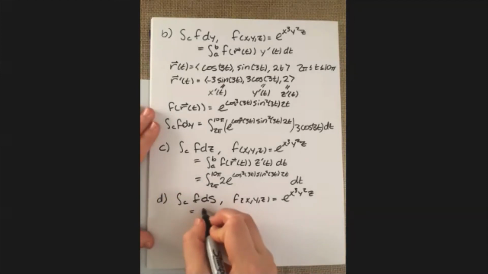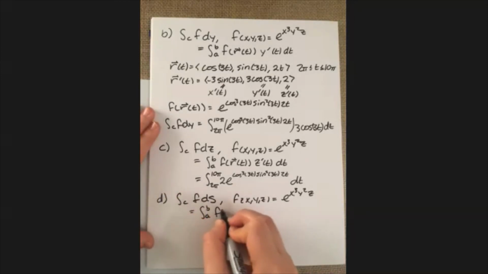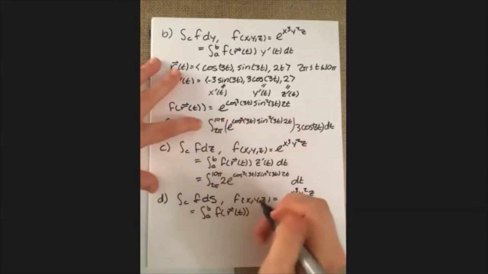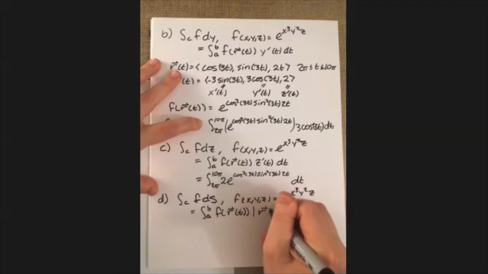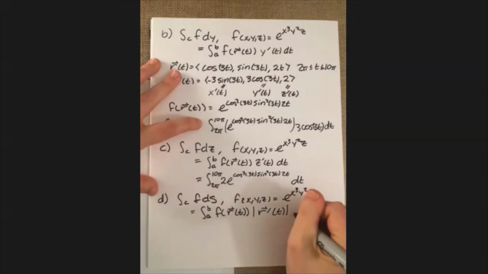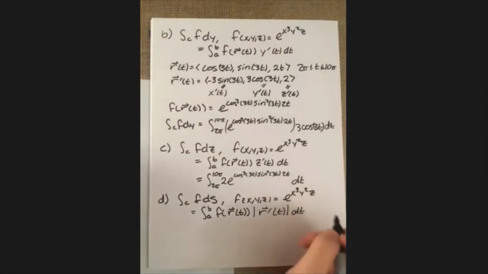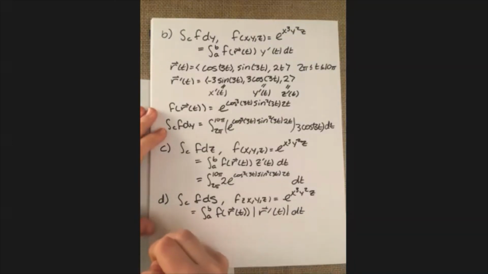So this is equal to the integral from a to b of still f of r of t. So we still get to reuse this piece of information here, but now we want to take into account the overall change. So we take the length of the whole derivative there. And we probably still need to recompute that part, so I'll do that off to the side here.